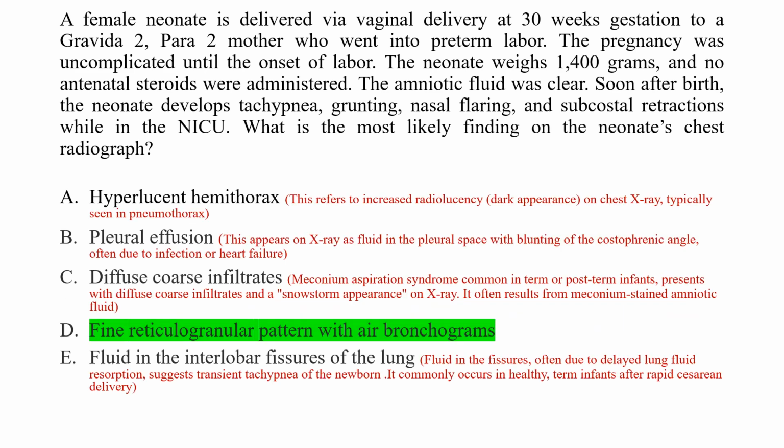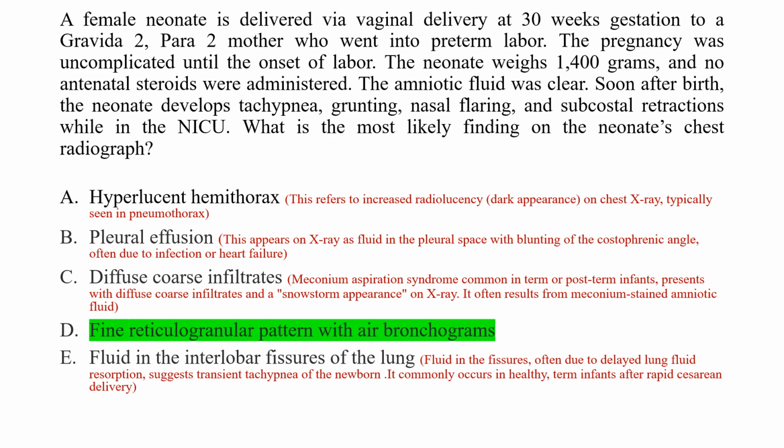Let's have a look at why the other options are incorrect. Option A is incorrect because a hyperlucent hemithorax is typically associated with pneumothorax, which presents as an area of increased radiolucency on chest X-ray. Pneumothorax is unlikely here because the infant's distress is primarily due to prematurity, and there is no mention of a sudden, sharp decline in breath sounds or other clinical signs pointing to a pneumothorax.